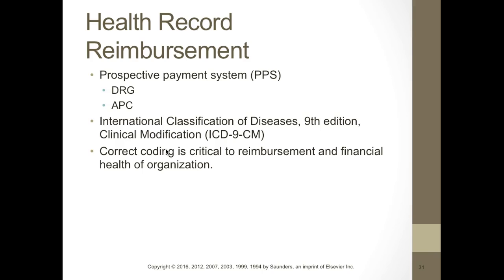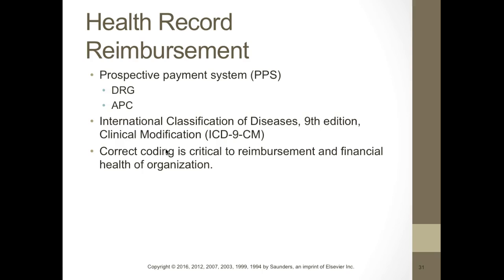So your prospective payment system, your PPS, you have your DRG and your APC. Your DRG is within the hospital, and APC I think is outpatient. So read that and make sure that that's correct. We also have the ICD-10 now, and correct billing is critical to reimbursement and financial health of organizations.